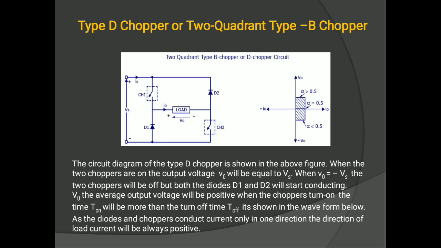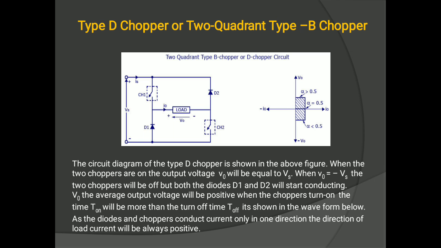When T on is greater than T off, V0 and I0 or output voltage and output current are positive, chopper operation in first quadrant is obtained and power flows from source to load. When T off is greater than T on, output voltage is negative but output current is positive. Chopper operation in fourth quadrant is obtained. Power flows from load to source.